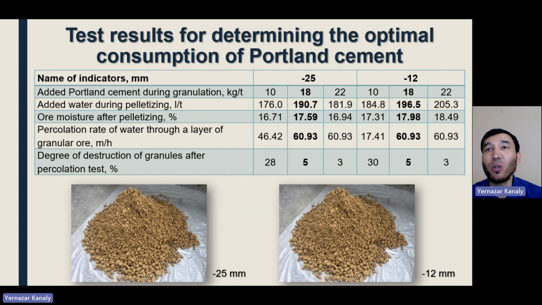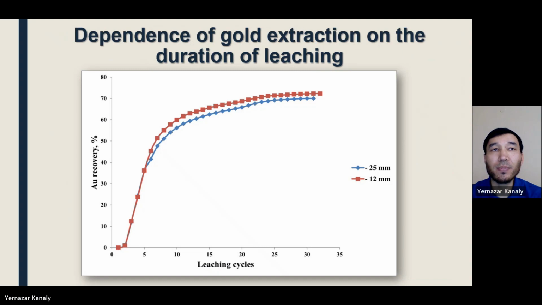Then the pelletized ores are loaded into columns for leaching. The process of heap leaching was carried out in a closed cycle: leaching, sorption, and return of the working solution to the leaching turnover. Anion exchange resin AM2B was used as a sorbent for extraction of dissolved gold from the productive solution.